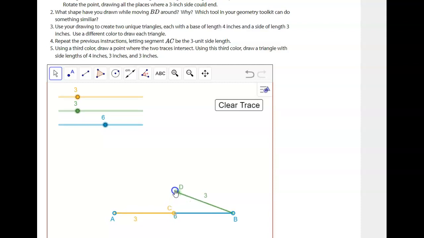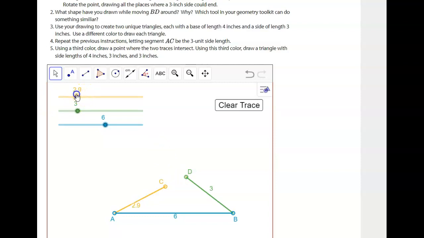They won't meet out somewhere outside here. So these two shorter sides have to add up. If I have 4 and 3, that adds up to 7. That sum of those two shorter sides is longer than the longest side. That has to happen in order for a triangle to form. Otherwise, a triangle won't form.